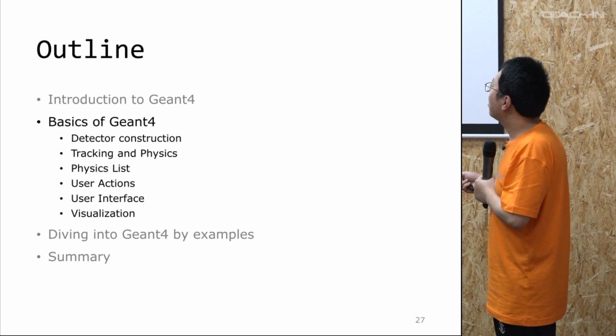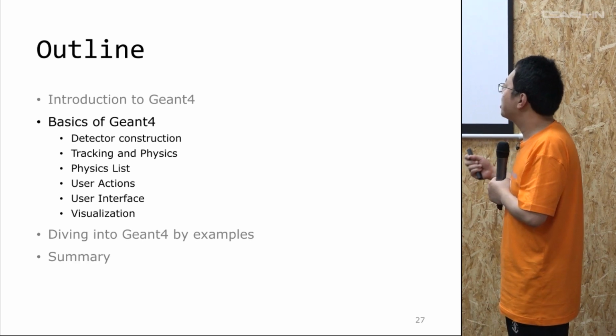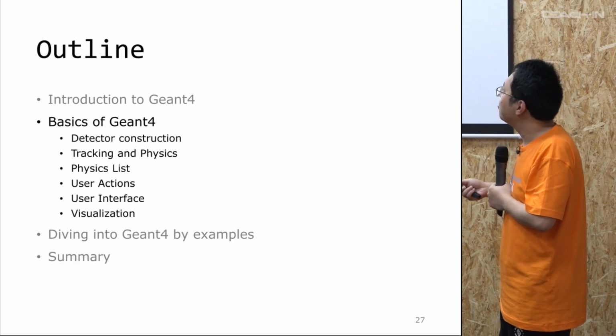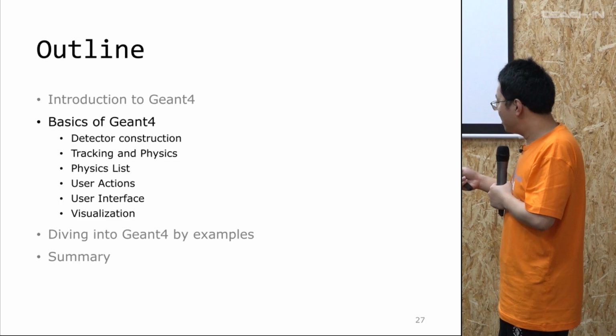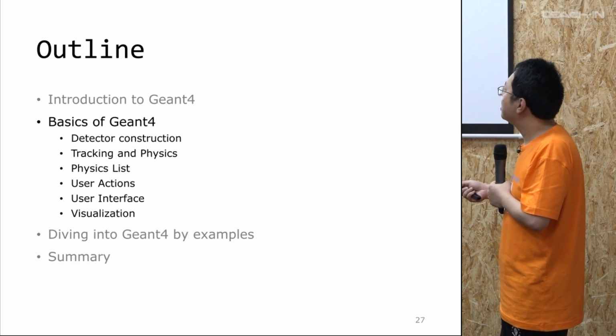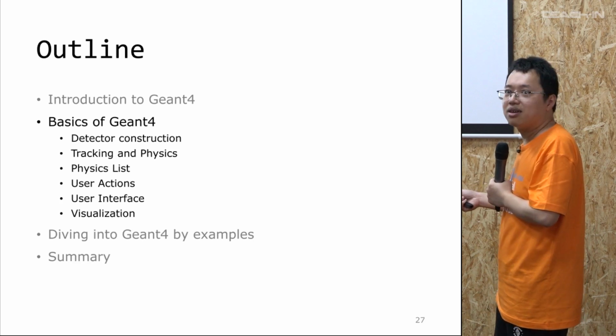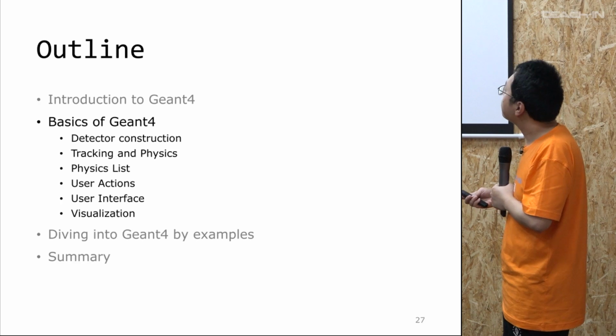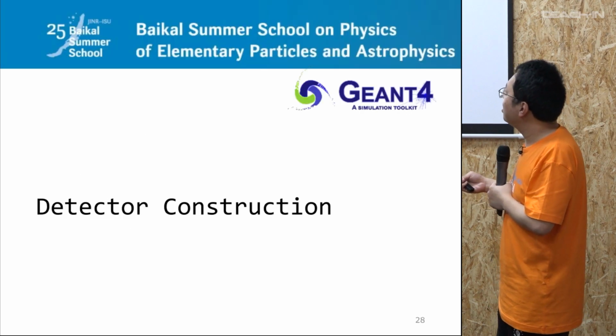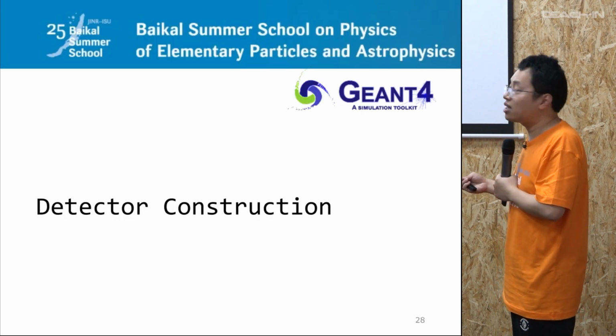Then I will talk about how Geant4 does the tracking and some very preliminary information about the physics. Then I will talk about the physics list, followed by the user action, and also the user interface and visualization. Okay, so first is the detector construction.